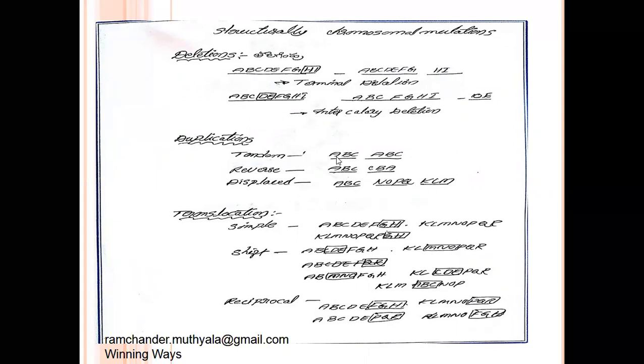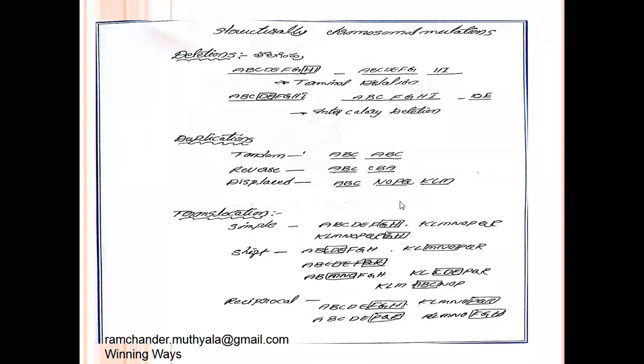Tandem duplication means genes are repeatedly formed in the same sequence, ABC, ABC, ABC. Reverse duplication means the genes are repeatedly arranged in a reversed arrangement.